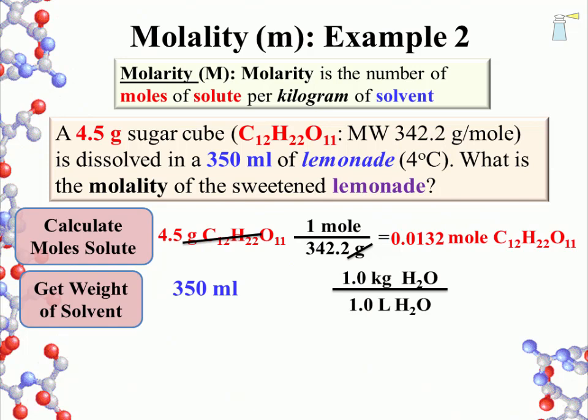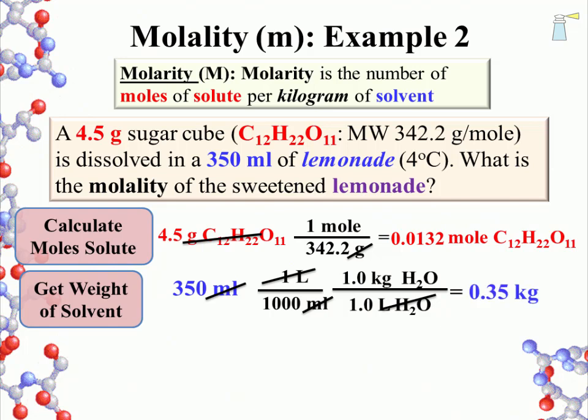Is there a conversion factor that gets mL into liters? Yes, the standard metric conversion. These 2 conversions can be done in separate steps or in a dimensional analysis equation as shown here.